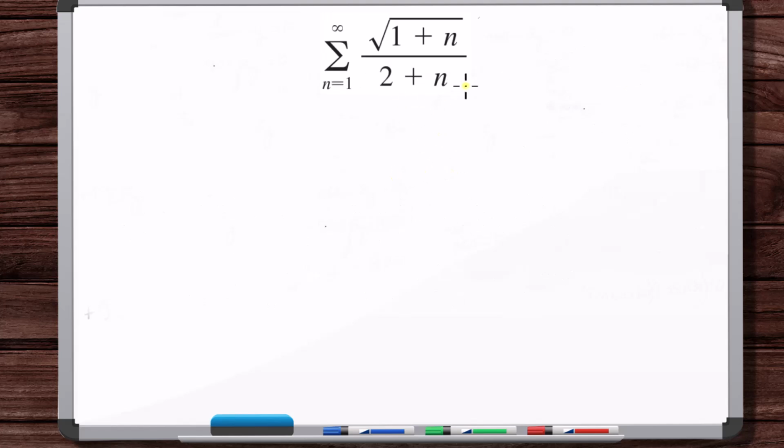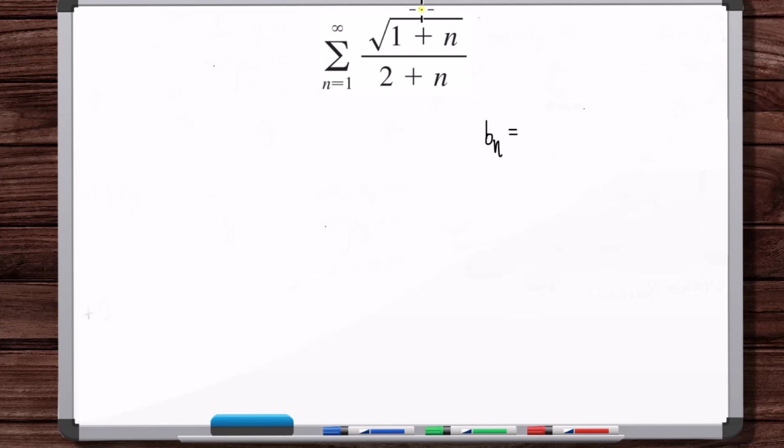Okay, so looking at this, I can't see a way to make a simple adjustment to where we have a p series or a geometric series comparison sequence. So we want to create a ratio, a b sub n. The general idea is we're going to do the limit comparison test.